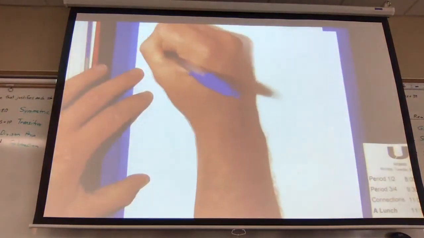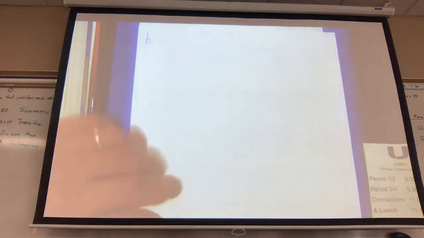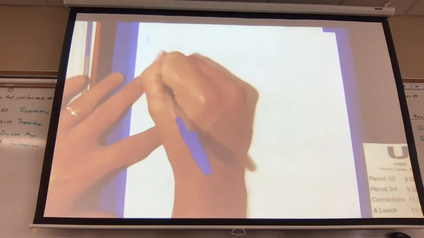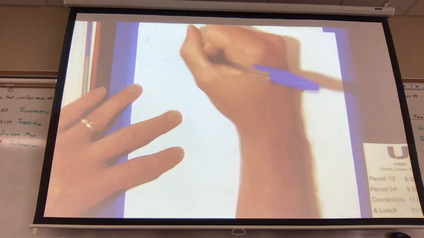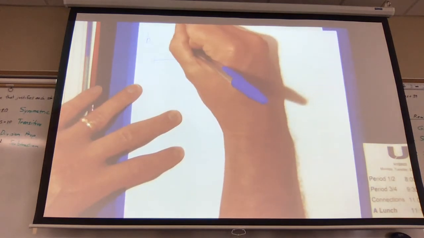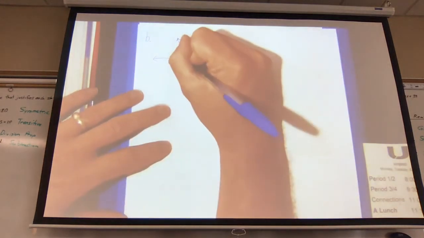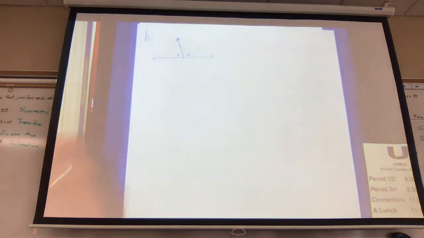We'll call this letter B. And on this one, let's draw the picture first. We're going to have these two angles here. Let's call those angles 1 and 2.